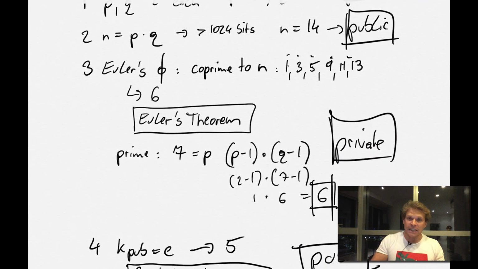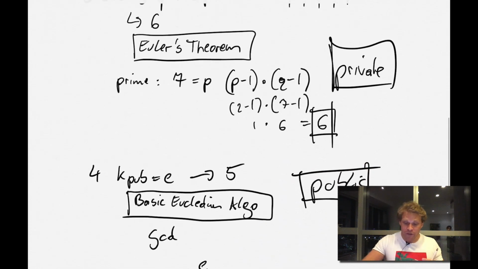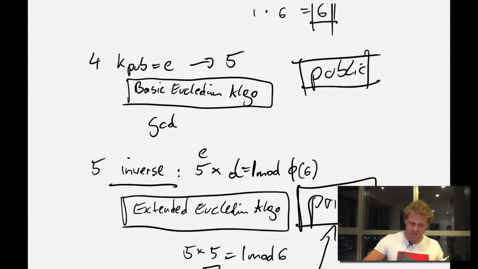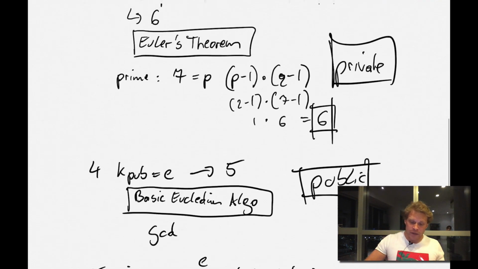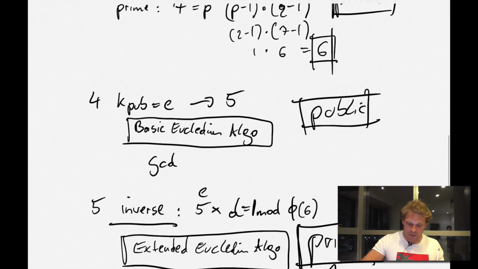Calculate Euler's phi, which is the amount of numbers that are co-prime to N in between. This stays private. Pick one of the numbers. Normally, they're very small. You give them to the public. You calculate and make sure they're co-prime using the basic Euclidean algorithm. We're not going to go into depth, exactly like we're not going into Euler's theorem, into showing that the phi number is actually the numbers that are co-prime.